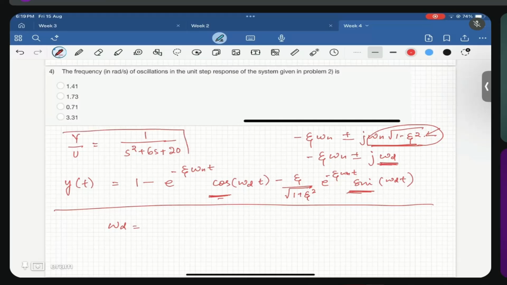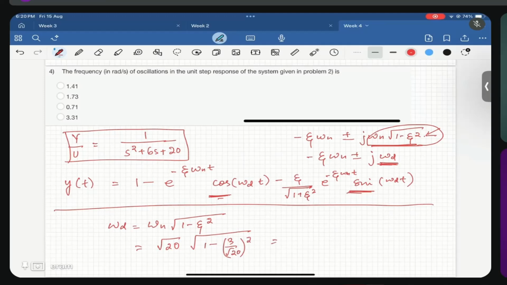So what is omega d in our case? Omega n into under root 1 minus zeta square. So for this system, can you find out omega d? It is under root of this value, and omega n we just calculated. What was that? Under root 20, and zeta was 3 by under root 20, whole square. Calculate this value.